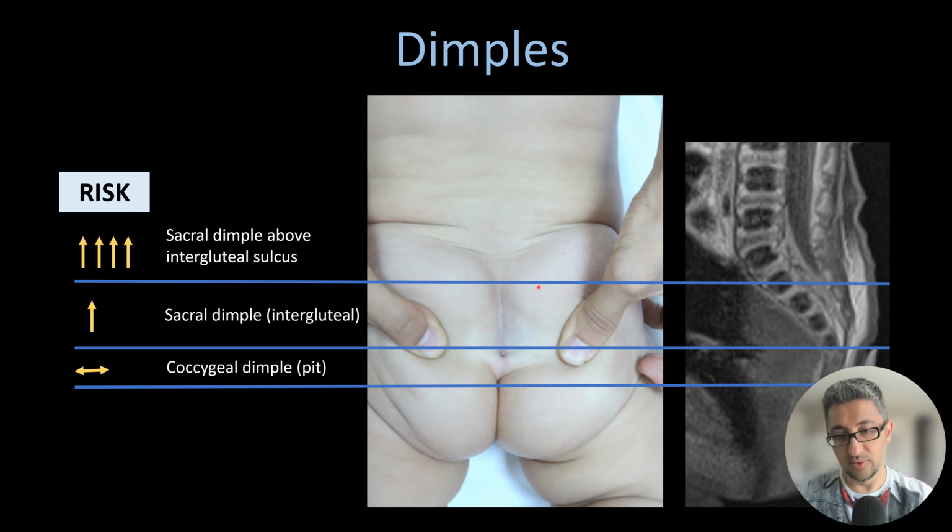So the location, the level, is very important. At the coccygeal level, there is no increased risk for spinal dysraphism. When they are in the intergluteal region, here, there is increased risk, but not very high. But when they are above the level of the gluteal cleft, gluteal sulcus, then there is significantly increased risk.